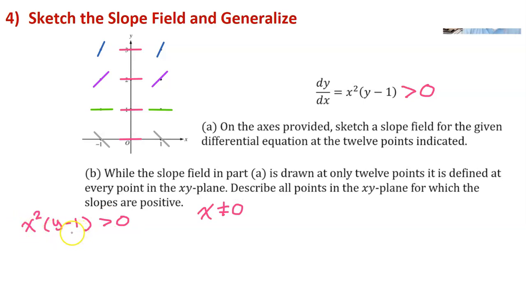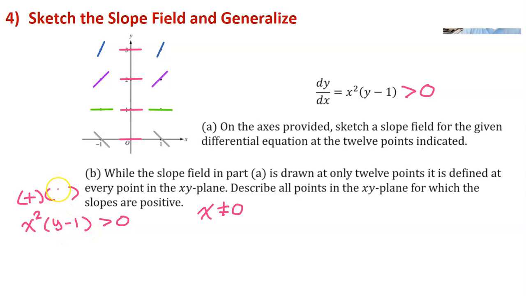Other than that, let's assume that x is not 0. What else does it take for this expression to be greater than 0? Well, if x is not equal to 0, then this first factor will always be positive, no matter what. Even if x is, say, -3, you square it, it's a 9. So this will always be positive. So that just leaves the y minus 1 factor.